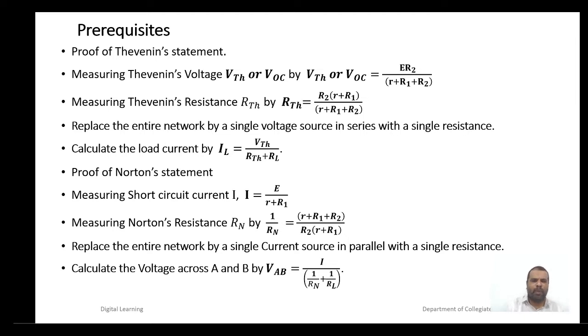After that, you replaced the entire network with a single current source in parallel with a single resistance. After that, you calculated the voltage across A and B by using the formula VAB is equal to I divided by 1 by RN plus 1 by RL.